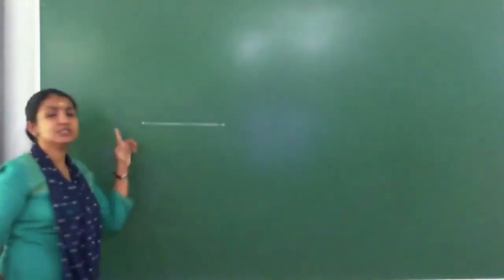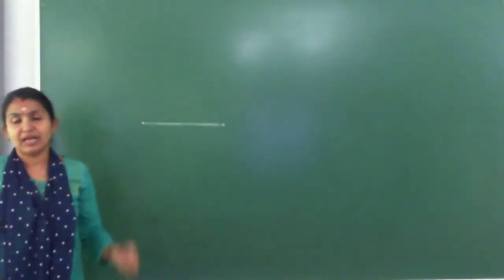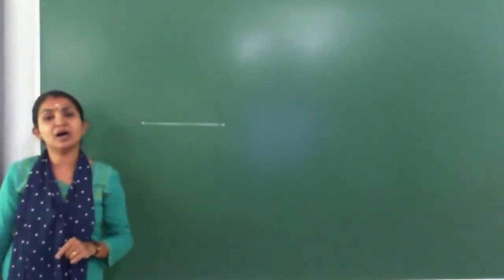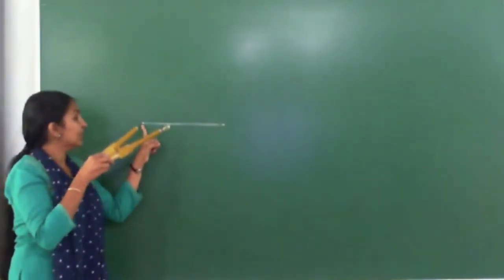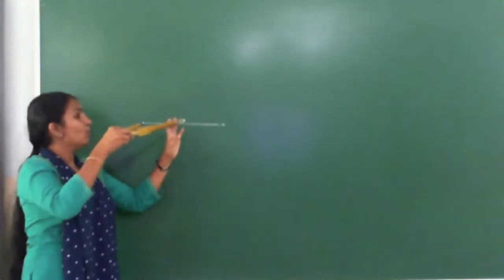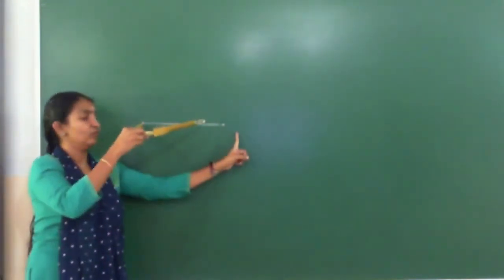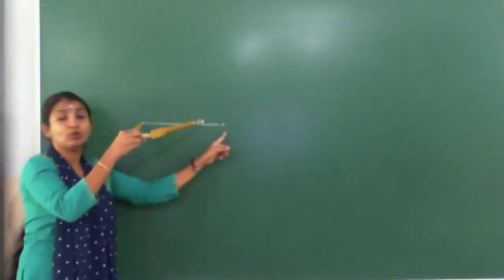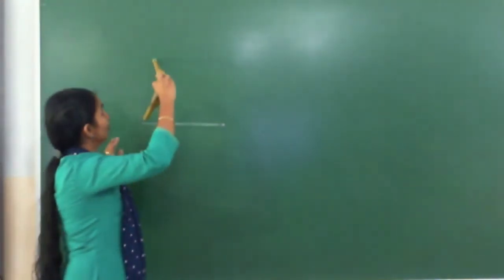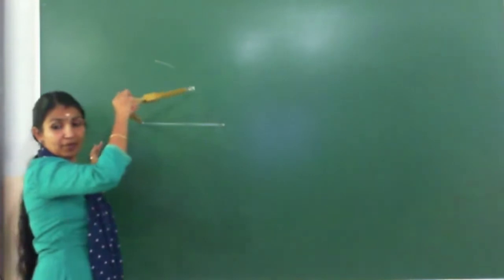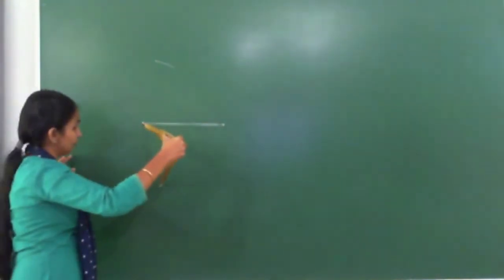Now keeping these 2 endpoints as the center, we are going to mark arcs. Keep our compass on these 2 points. We take more than half of the line segment's length, and then draw the arc up and the same way down also.